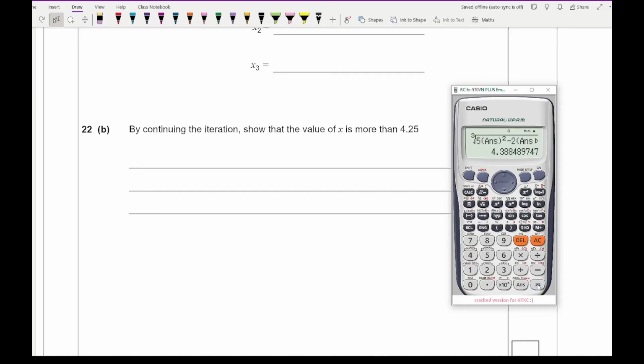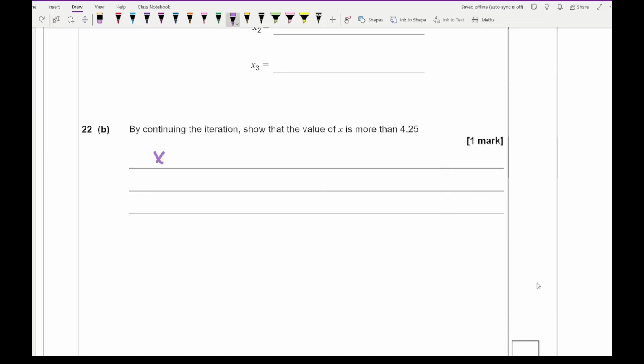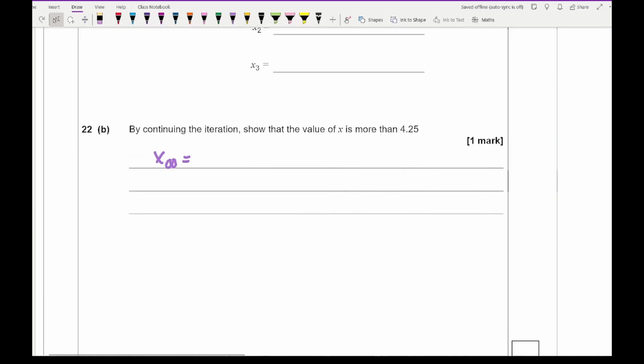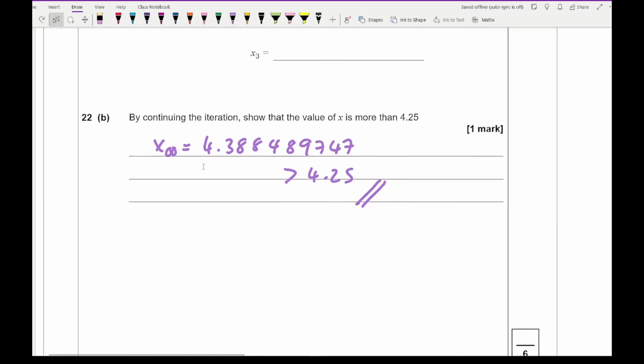And as you can see, the value of x to infinity gives me an answer of 4.388489747, which is greater than 4.25. So that's how I'd represent the answer for that.